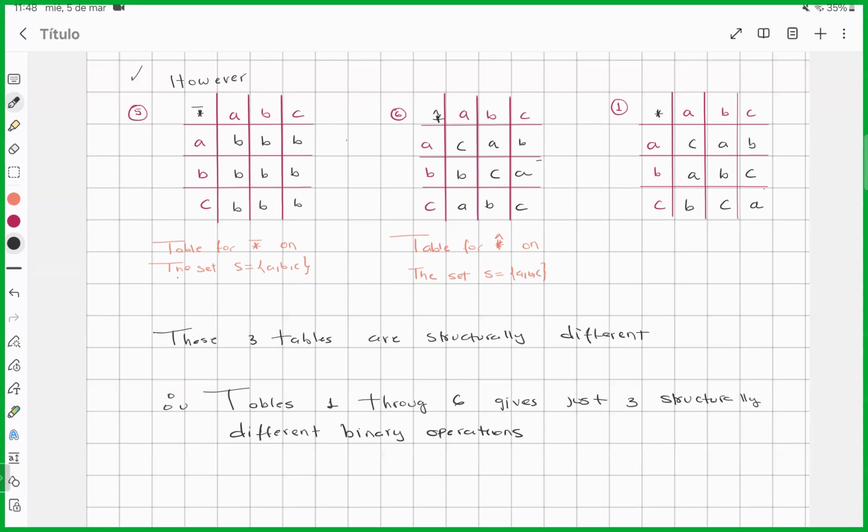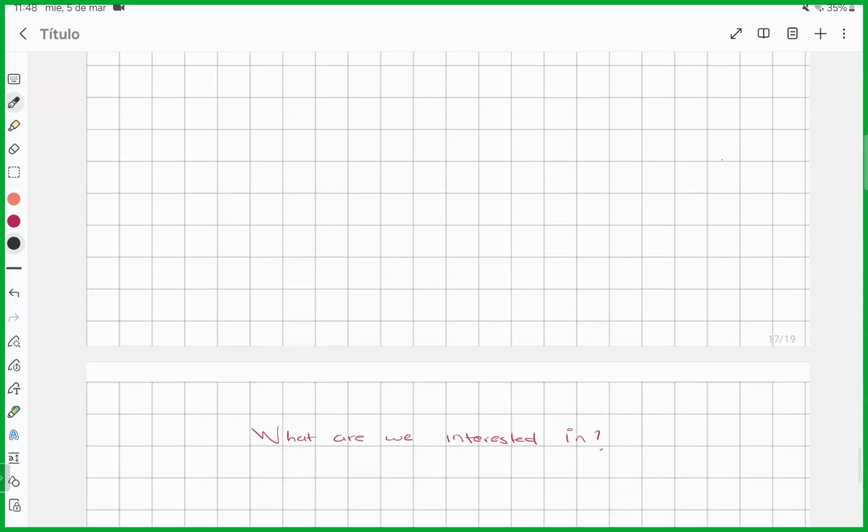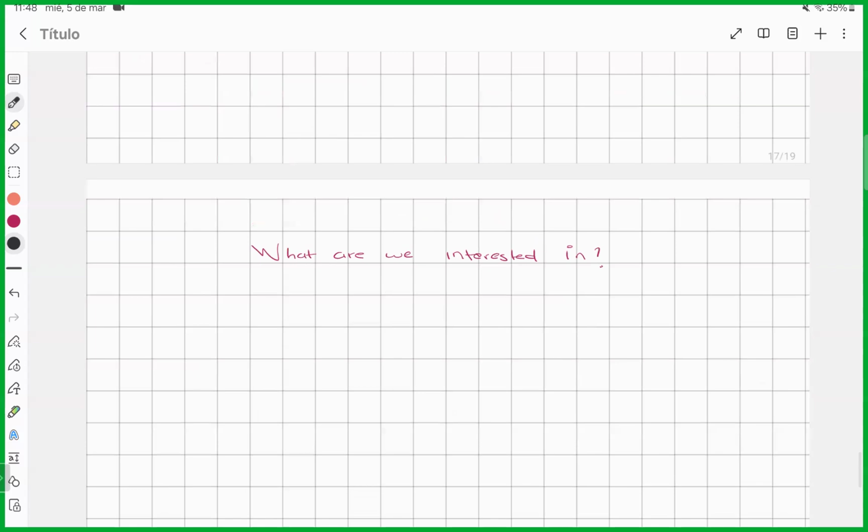Okay, now, what are we interested in? We are interested in the different types of structures that binary operations can provide on sets having the same number of elements. So now let's give the following definition.